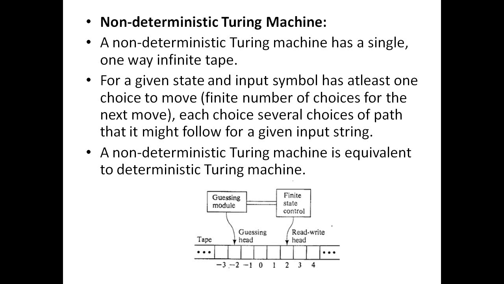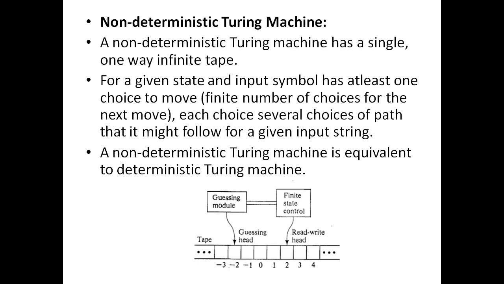Next, the non-deterministic Turing machine. It is like a Turing machine, but there is a possibility of more than one transition for a single, unique input. If I read the symbol A from the tape, there is a possibility to go either to the next state or to stay here only.